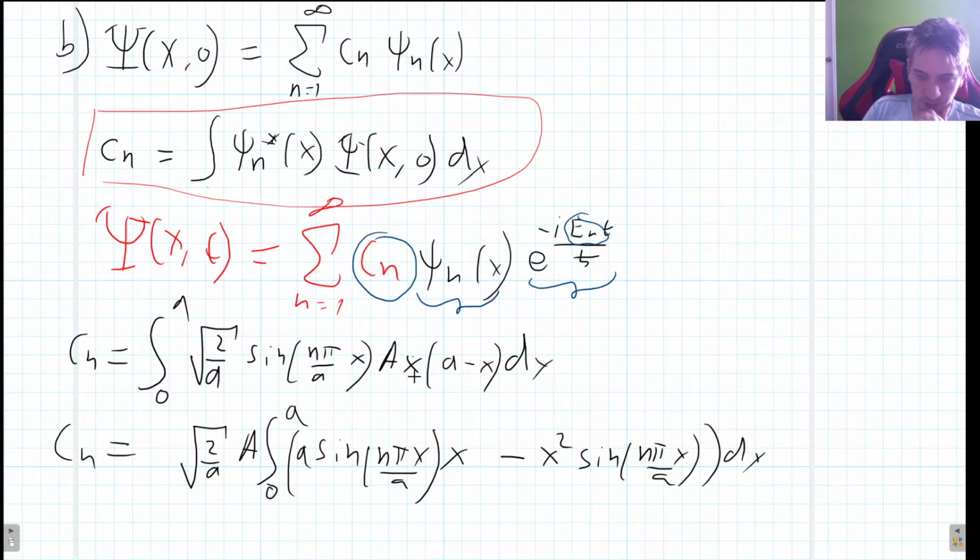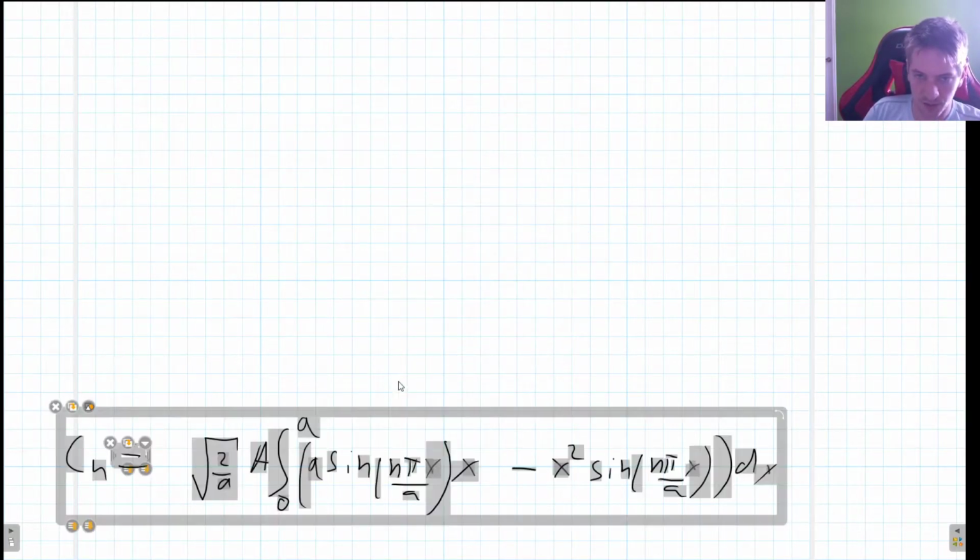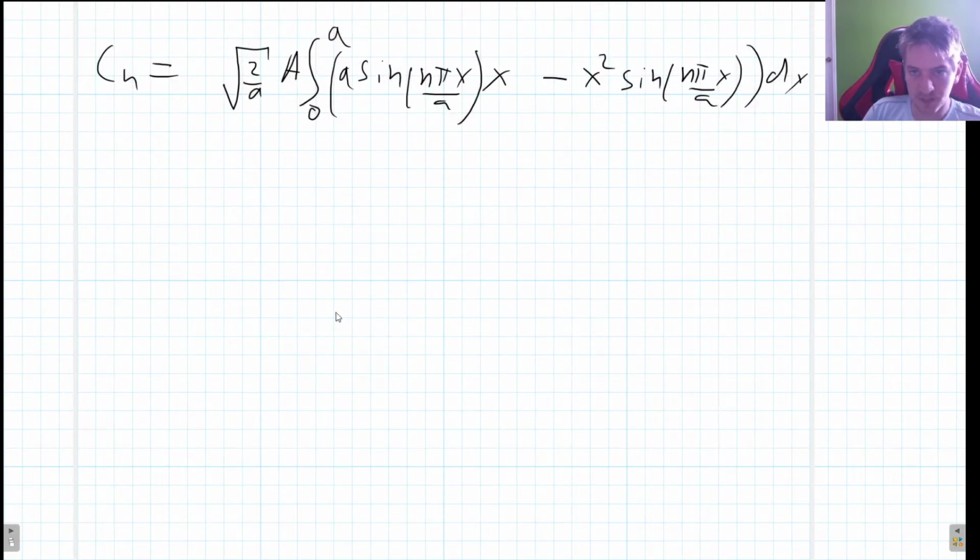I just multiplied this out, so we're going to get two integrals that we need to solve. I'm going to copy this and go to the next page. Let's call the part without the A I1, and this whole thing I2. So let's solve them separately.